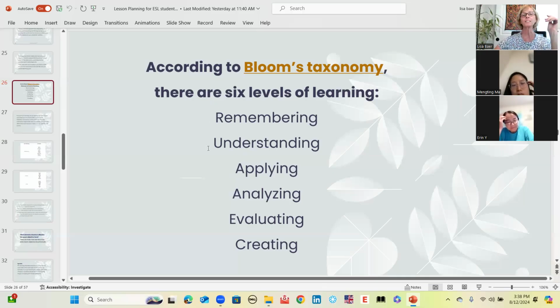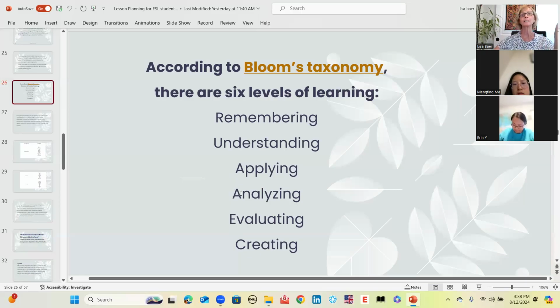So each one of these stages needs to be touched upon in every lesson, if you're opening up a brand new topic. But if you're continuing with the topic, then you don't necessarily have to. So remembering, understanding, applying, how are they going to apply what they already learned?